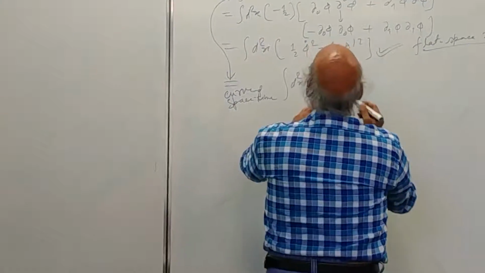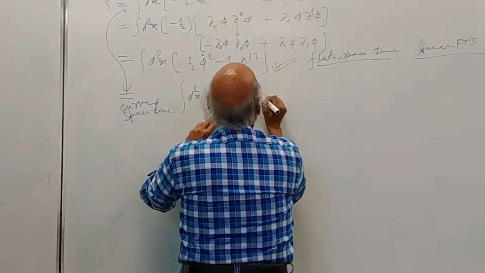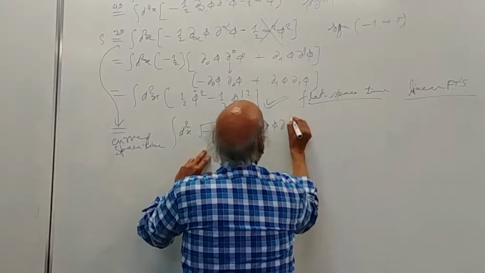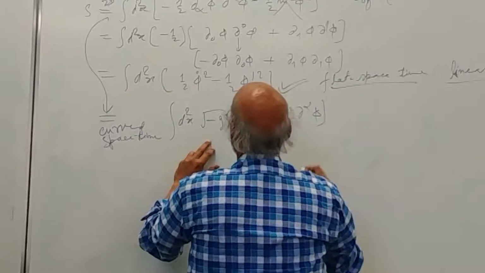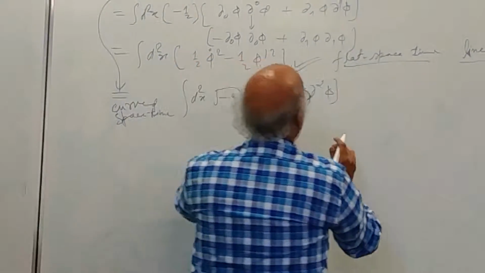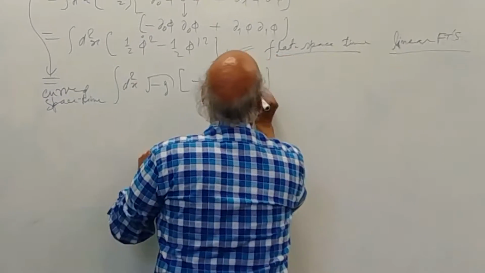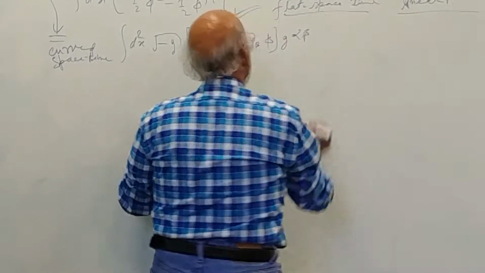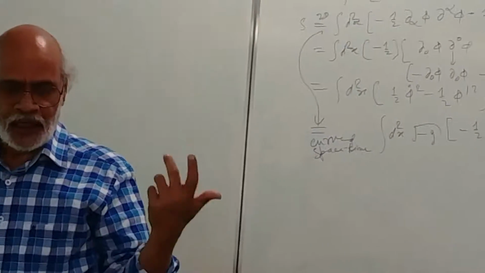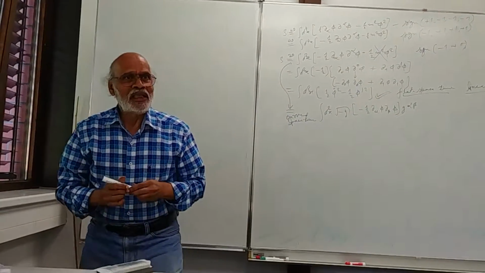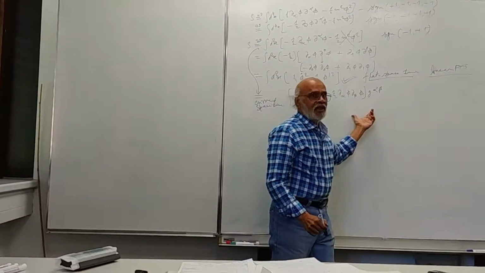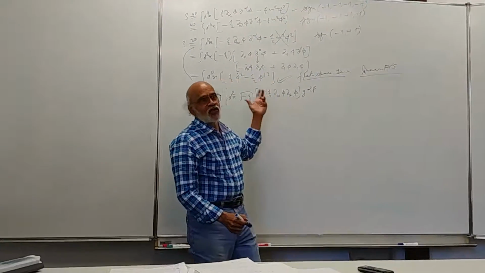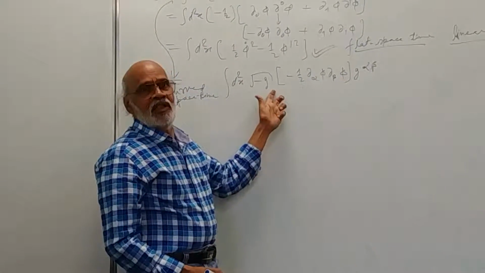Okay, and then I would write minus 1/2 d alpha phi, d beta phi, g alpha beta. Now this is my 2-dimensional real scalar field theory, massless scalar field theory, however, in the presence of a gravitational field.